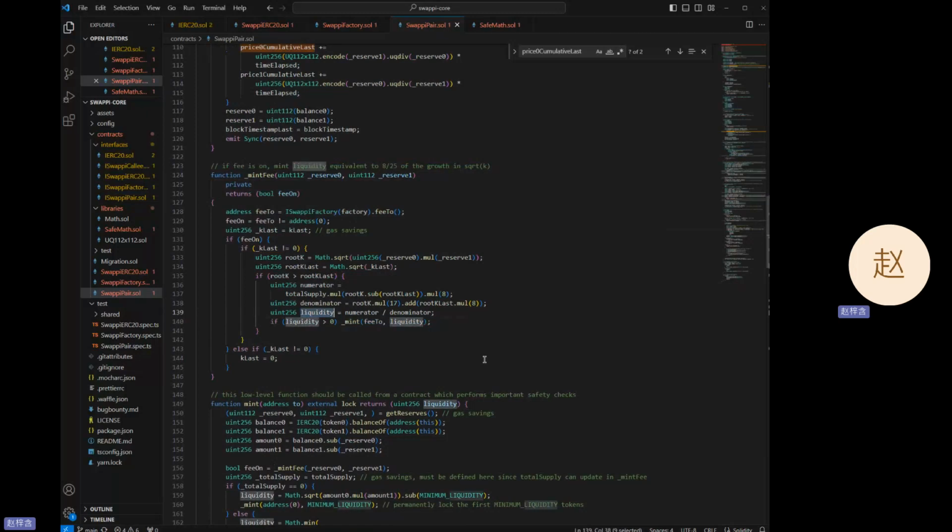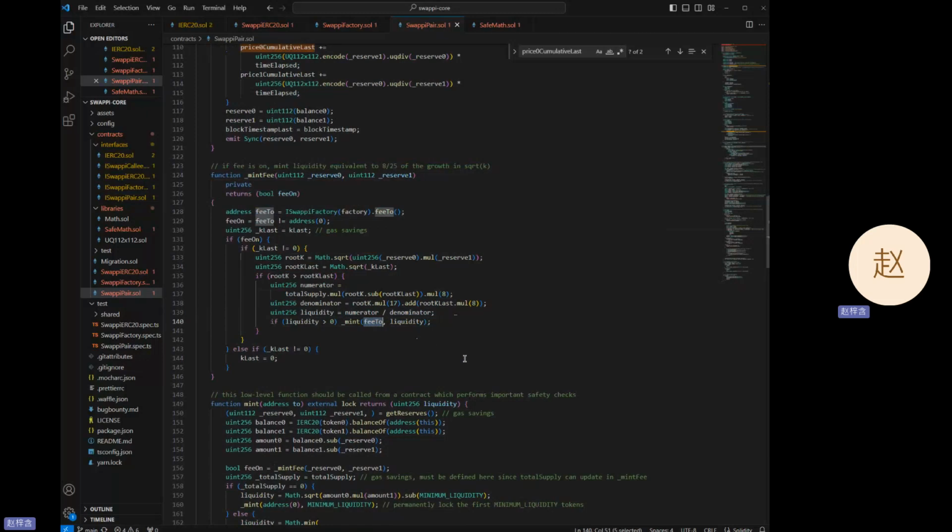But anyway, the liquidity will be calculated by the current total supply and the difference between the square root of the new K and the last K, the current K and the last K. After that, the liquidity is calculated and minted to fee 2.